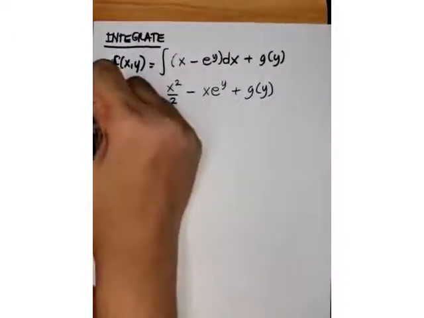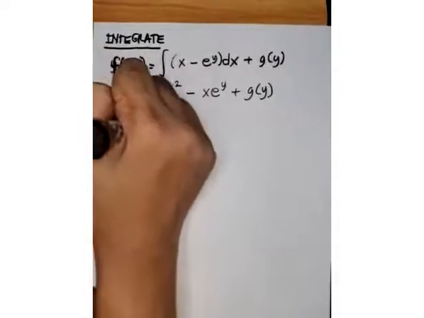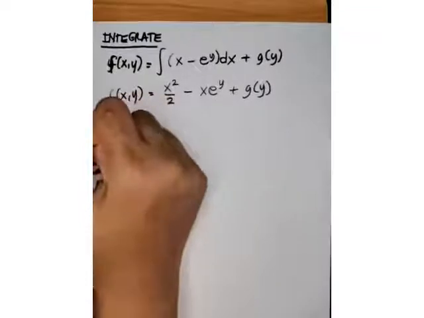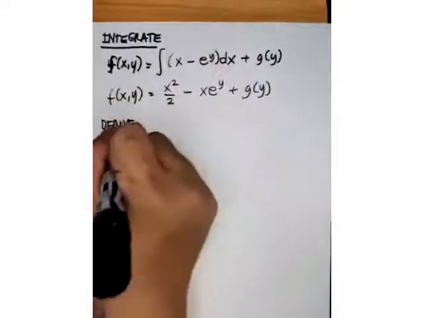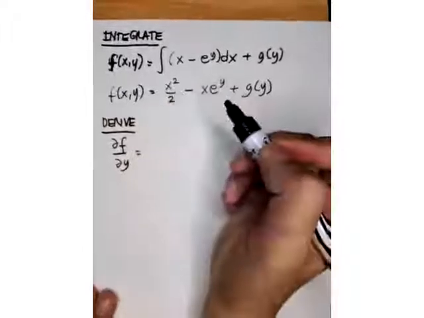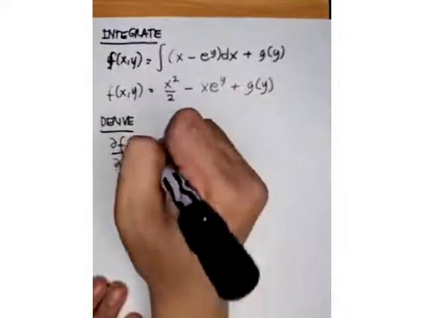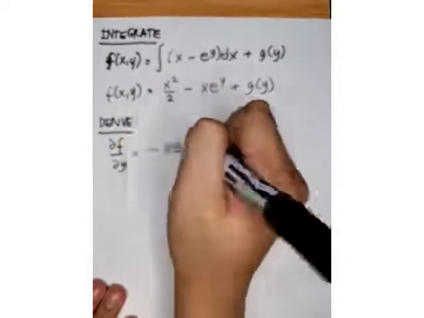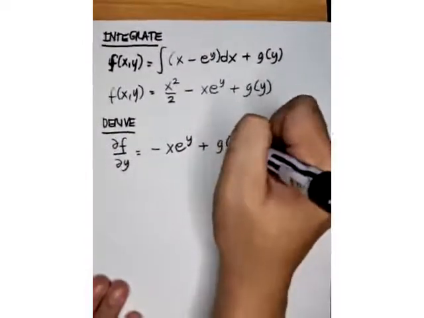Okay, so next we derive. Ayan. So let's derive this function. Okay, this time, if we integrated it with x, we will derive it with y. So that's equal to, okay, so this one becomes 0, so that will be negative x e raised to y plus g of y prime.